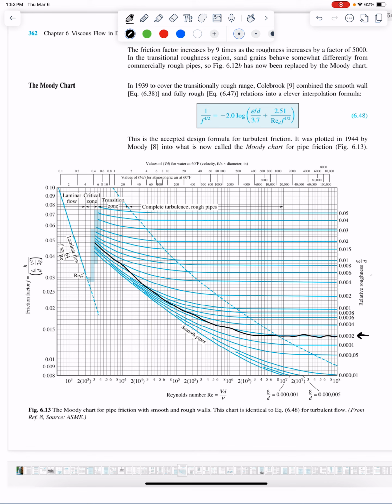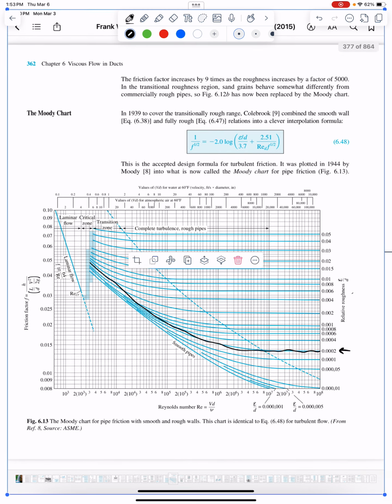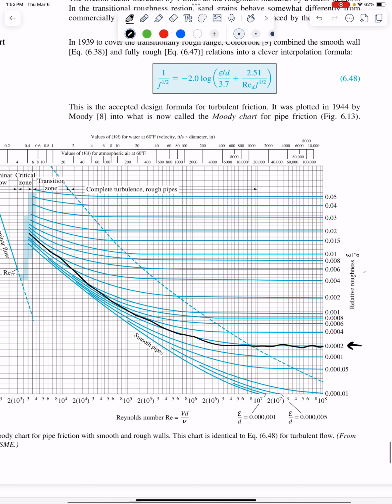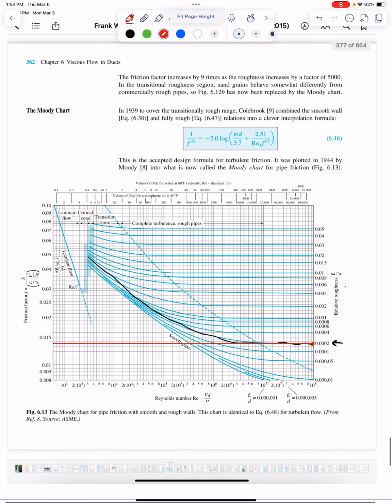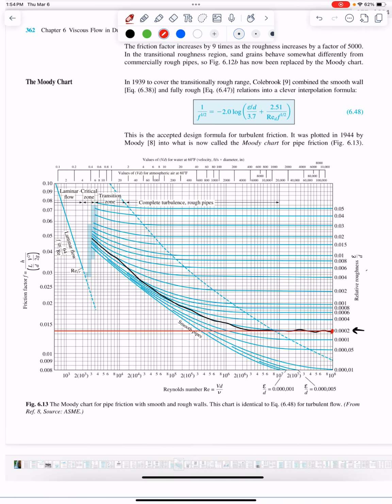You can't get a friction of 0. In our case of 0.002 for the relative roughness, the best case scenario is that the friction factor is 0.014 essentially. You can't get better than that.